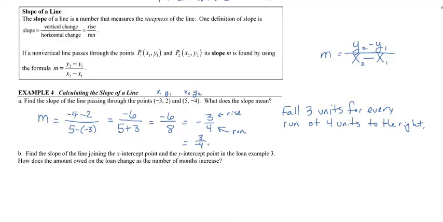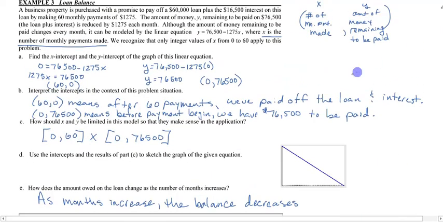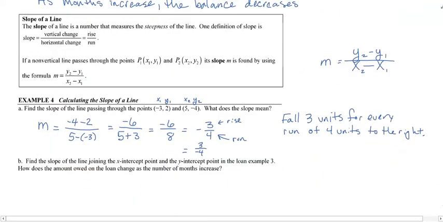All right, find the slope of the line joining the x-intercept point and the y-intercept point in the loan example 3. So what were our x-intercepts and y-intercepts? Let's find those. X-intercept was (60, 0), and y-intercept was (0, 76,500).